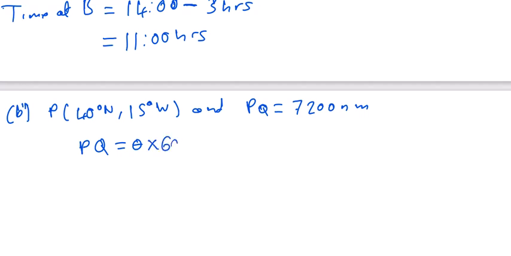So we know that our PQ is 7,200 in nautical miles, which is going to be equal to our theta, we don't have theta, multiplied by 60.